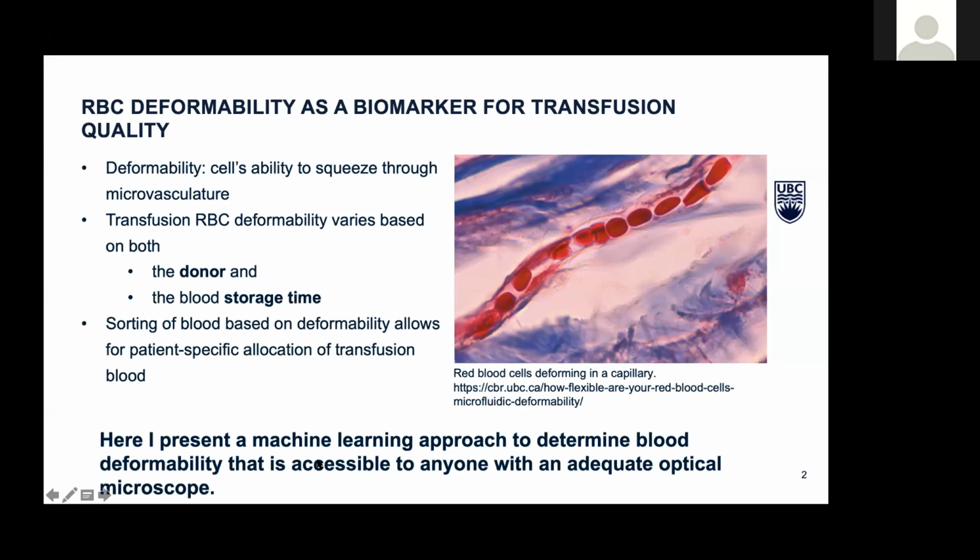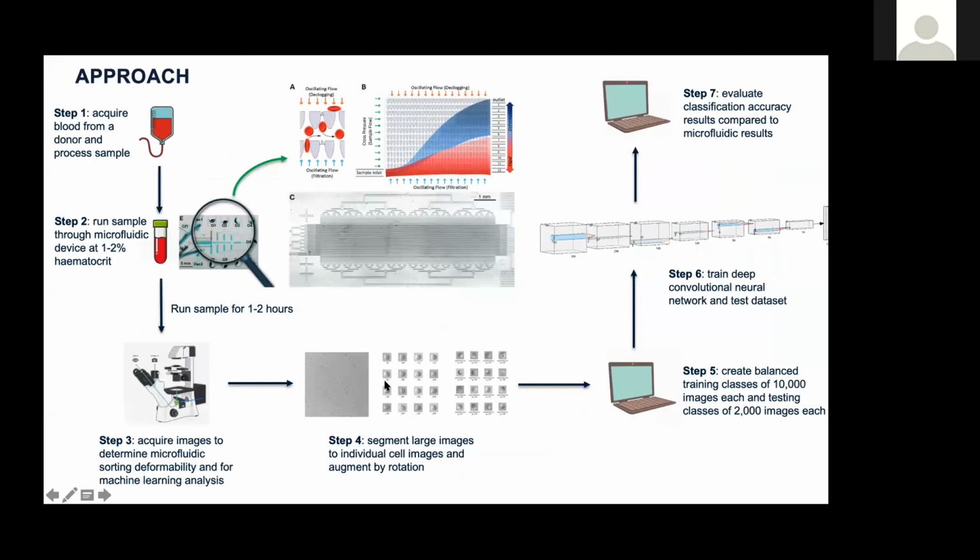Here, I present a machine learning approach to determine blood deformability that is accessible to anyone with an adequate optical microscope. Next, I will discuss the general approach. Blood was acquired from a donor and was run through a microfluidic device at 1 to 2% hematocrit.